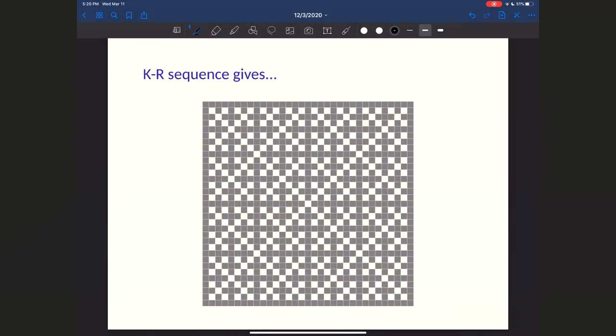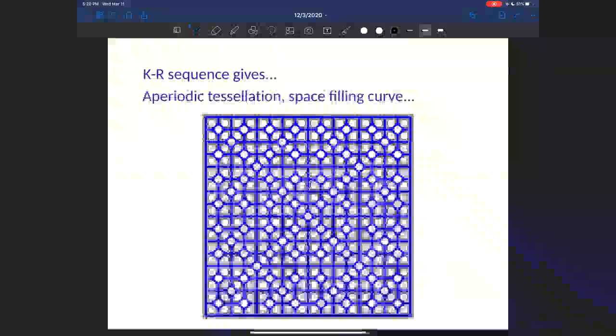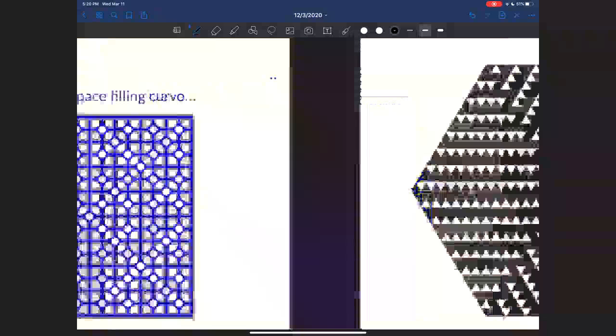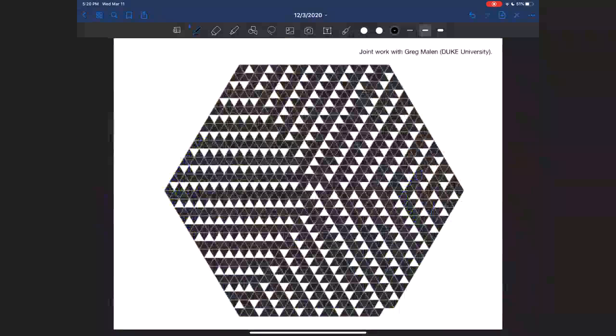And other interesting things that you can find here: a periodic tessellation, space filling curves, etc. So this is a whole other topic. And of course, everything that I'm going to be talking about, you can think of it in other tessellations. So for example, with Greg Mallin, we addressed the same question, but with triangles.